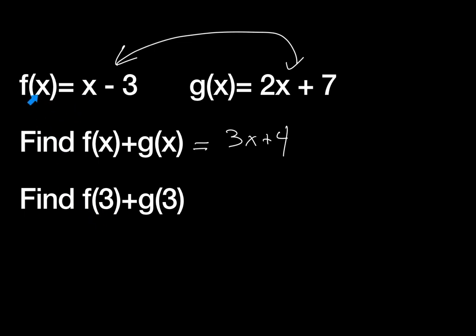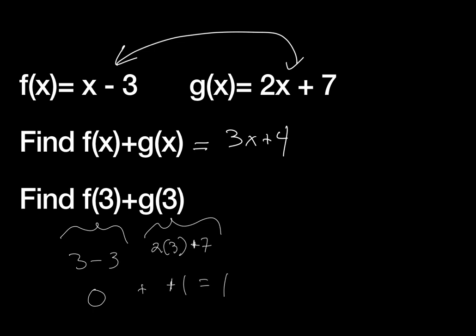This 3 goes in there for x. So f of 3 would be 3 minus 3, which is 0. g of 3 is plugging in 3 for the x, so that'd be 2 times 3 plus 7. Oh, it is plus 7, yes, thank you.